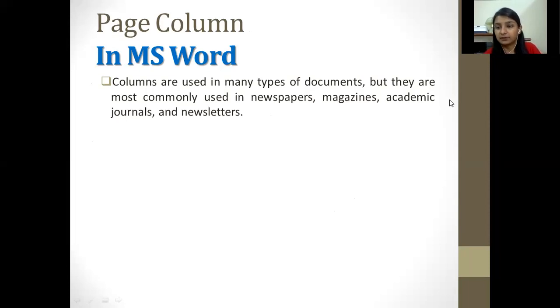The way I've given you examples for newspaper and magazine, in case of newspaper, magazine, or any kind of document, or the printing hard copies, even the soft copies, you might have noticed there is the usage of page column in it. There is because without that it is really difficult to explain whatever we want to explain.